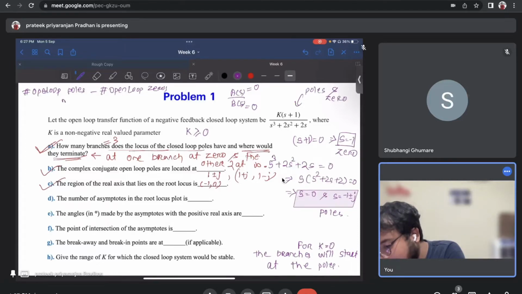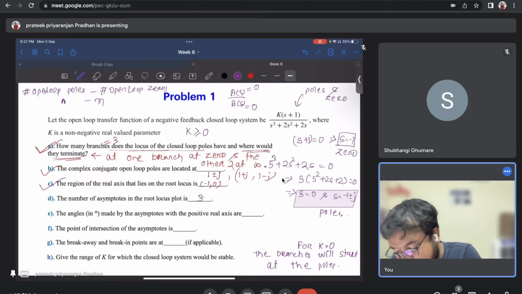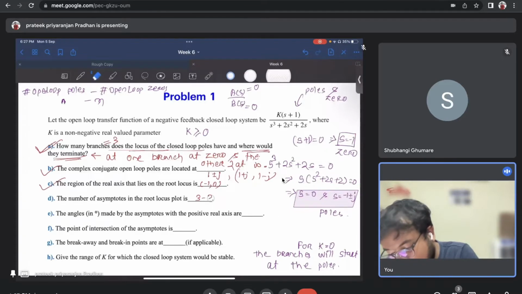That is n minus m. I have 3 open loop poles and 1 open loop zero, so 3 minus 1, it will be 2.